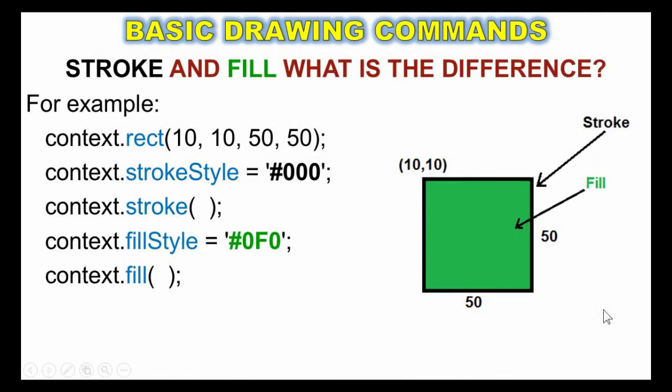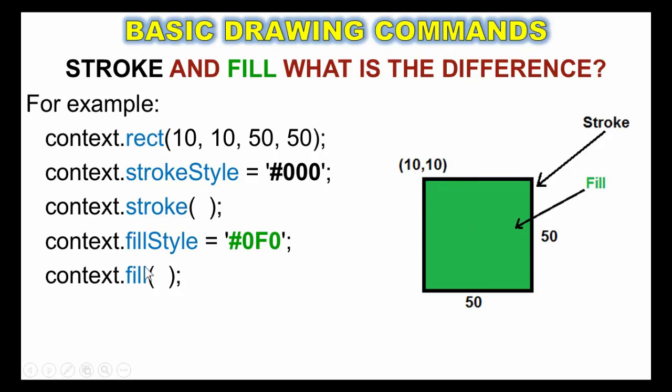Stroke and fill, what is the difference? For example, the context.rect command will draw a rectangle at coordinates 10, 10 with a width of 50 and a height of 50. And then context.strokeStyle, the color of the stroke will be black, followed by context.stroke, it will now draw a rectangle box with a stroke colored black.